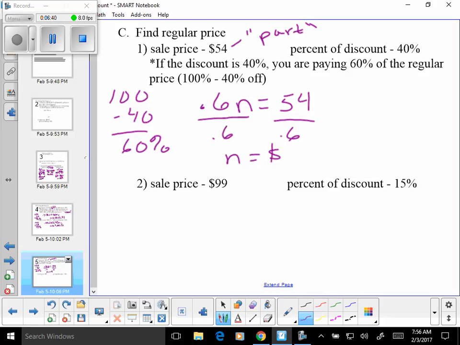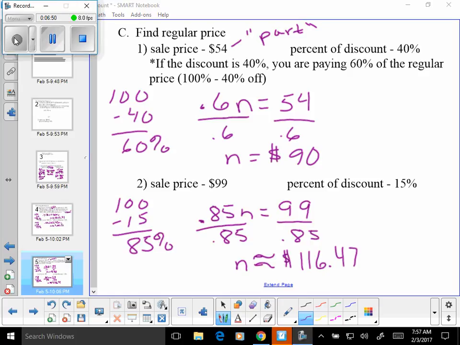So N is going to equal a price of $90. Hit pause, and you do sample 2. Did you get $116.47? I hope so. This concludes part 2 of chapter 6.6.